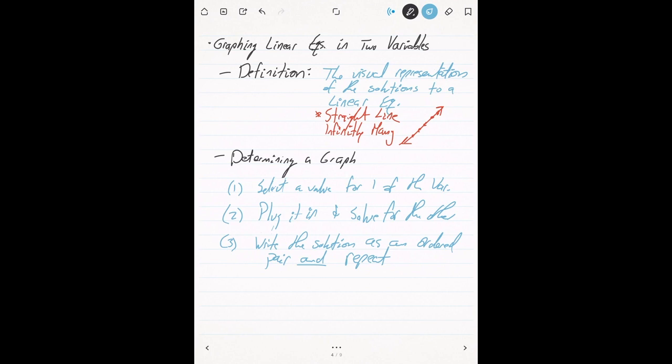How many points do you need to determine a line? Well, you only need 2. So we can say you need to only repeat this once. As long as you can come up with 2 points, you're able to draw your graph. So this is the process that we'll use for when it comes to actually figuring out what the graph of a linear equation in 2 variables is.